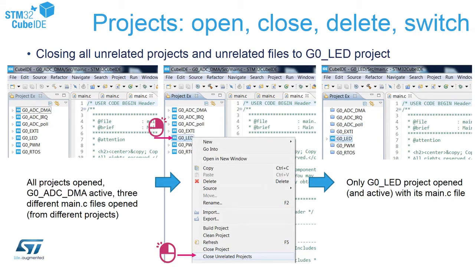All other projects which are not this G0_LED are closed automatically together with all files related to those projects. Only one main.c remains related to this G0_LED, and we can continue the development.